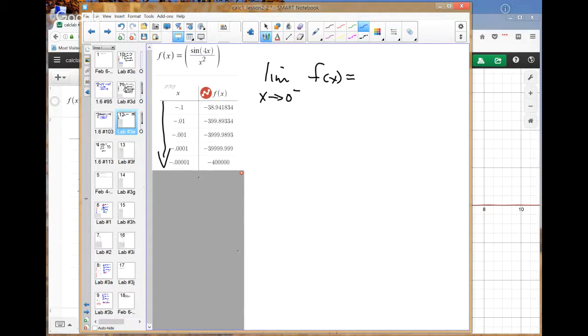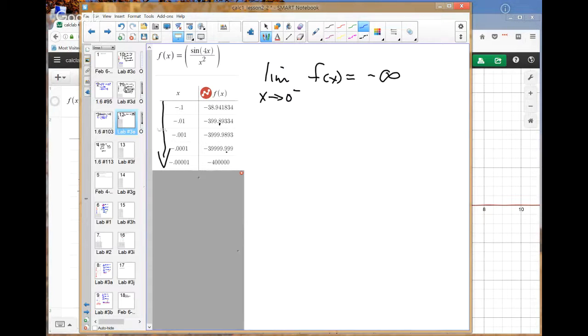Look, we go from negative 39, negative 400, negative 4,000, negative 40,000, and then it just keeps shooting. It's going to negative infinity. In other words, some people would say there's no limit, but you'll hear we're going to be speaking of that as it's heading downward big time, okay? So we say negative infinity.